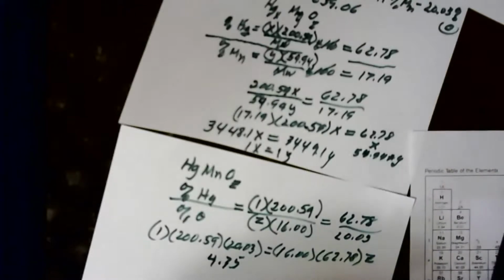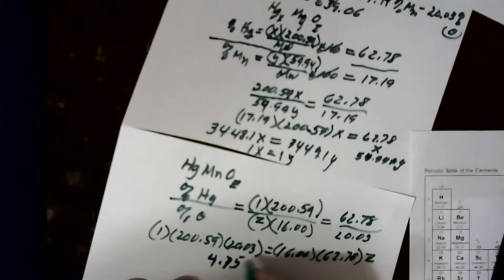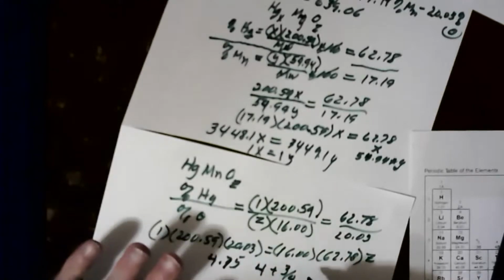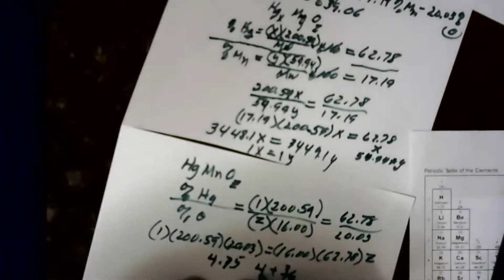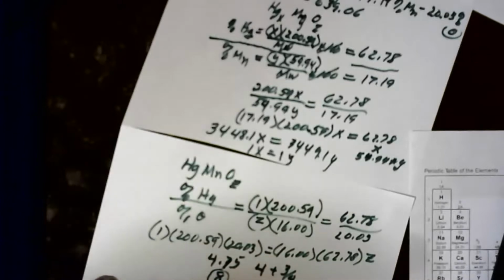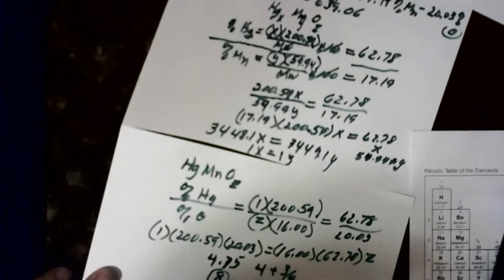But let's see what we get. That's 4.75, and that's 4 plus 3/4. This is going to be really, really big. So I'm thinking this is not right, but never mind. 4 would be 16/4. Now this is not going to work off. This would need to be an 8, I guess, to round off. But I've got a question about this. We'll take it up in just a second. It should have been closer than that.